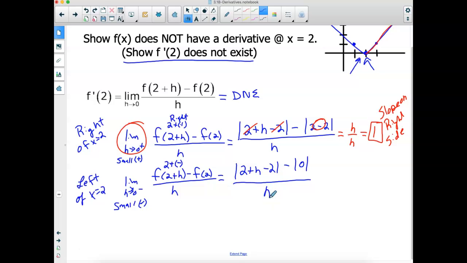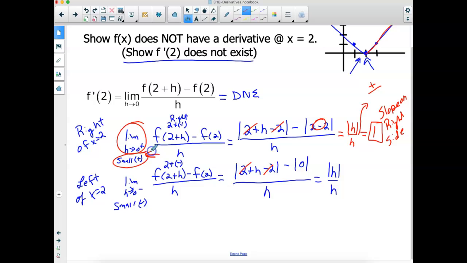Now, here's where things get a little wonky. We're like, oh, we're another h over an h because the 2's come out, so it looks like it's 1. It's not 1. What I need to remind you of is that the numerator is still the absolute value of h. The absolute value always gives me a positive number on top.